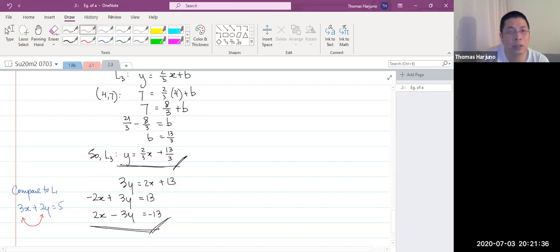So you can imagine this: 3x plus 2y equals 5, that's my L1. Then for my line 3, I will switch the coefficients and change one of the signs.